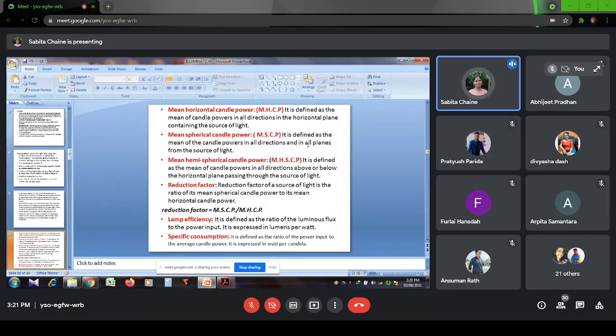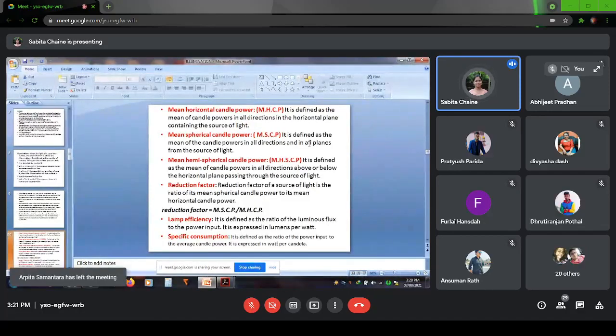So then we will go to what is mean horizontal candela power. From this, the problem will come. What is MSCP? It is defined as the mean candela power in all directions in the horizontal plane. So if you specify the plane, candela power is in a specific direction. You are emitting the light in a specific direction.